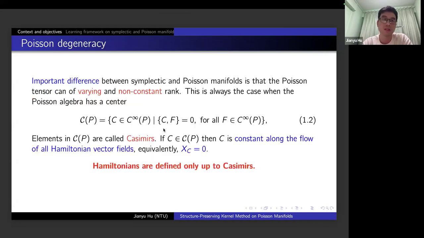An important difference between symplectic and Poisson manifolds is that the Poisson tensor could be degenerate. It implies that the Poisson algebra has a center which contains non-constant functions. These functions are called Casimirs. As a result, Hamiltonian functions are defined up to Casimirs.